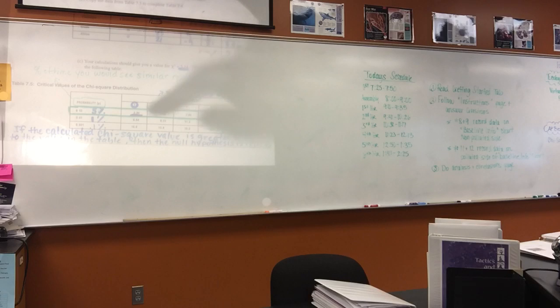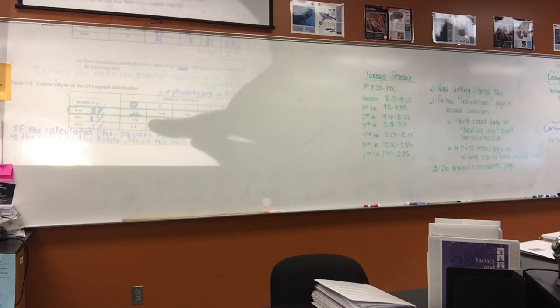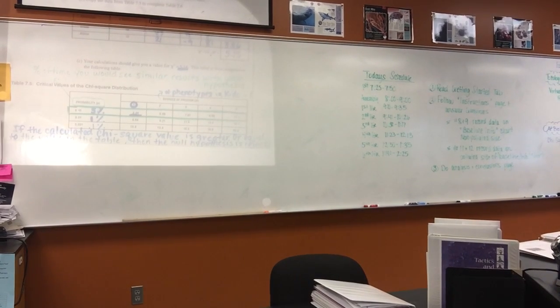This chart is much smaller than what people who have had stats or AP stats see. You have a much bigger critical value table. This is what we'll see on the AP test if it's on there. It's a much smaller version, and it just gives you the part concerned with the problems you'll see.